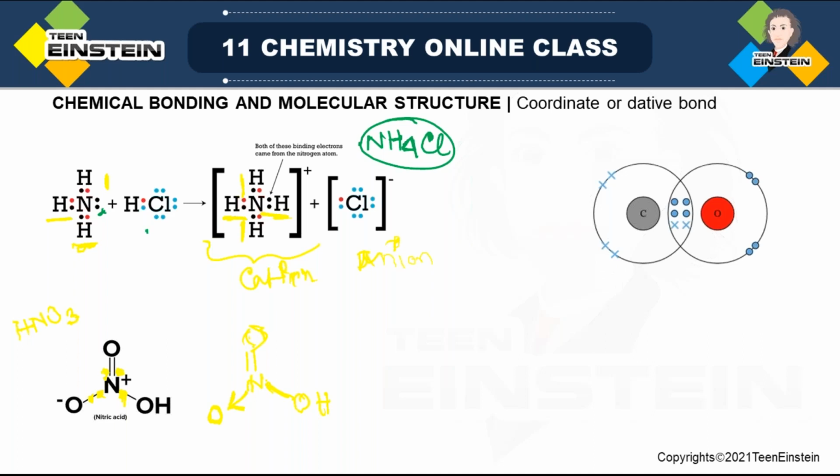One more example. You can recognize this molecule. This is carbon monoxide, carbon and oxygen. Carbon has a total of 4 valence electrons, because it is from group 14, consider the last digit. Oxygen is from group 16, consider the last digit, valence electrons 6.